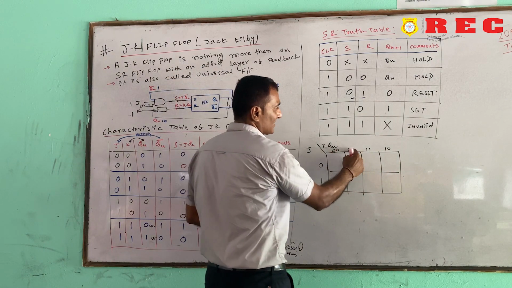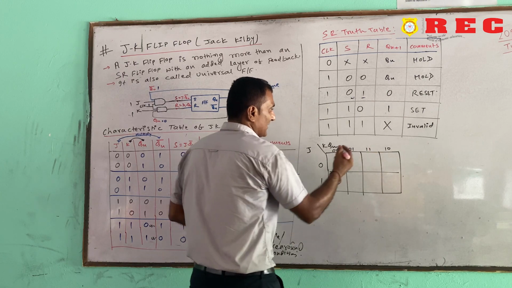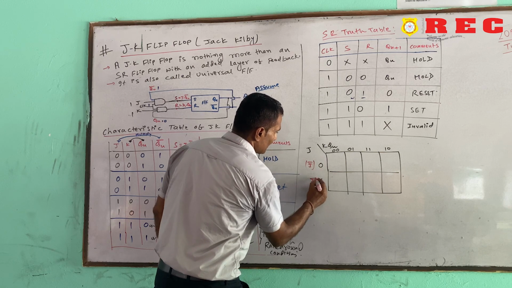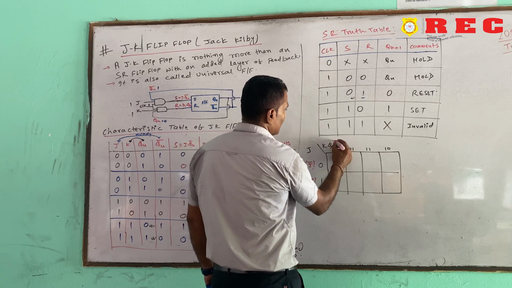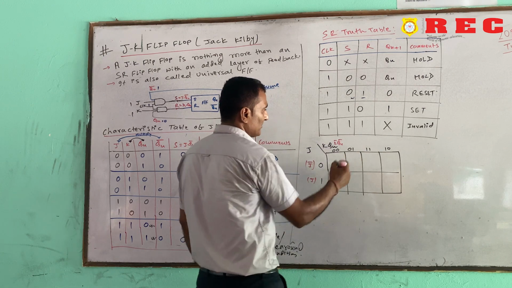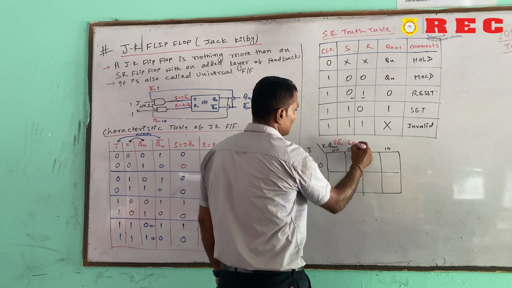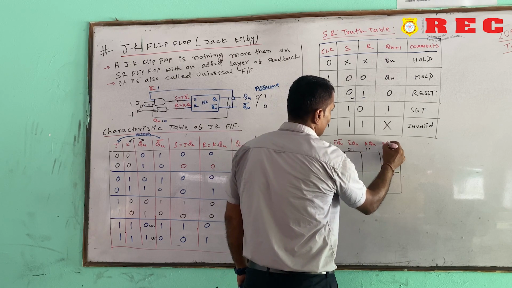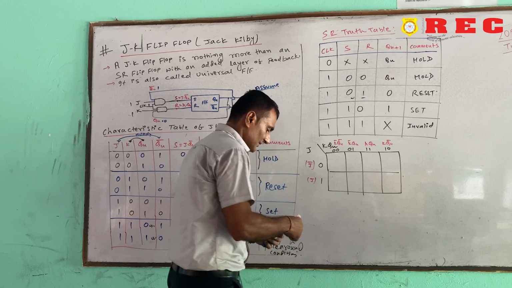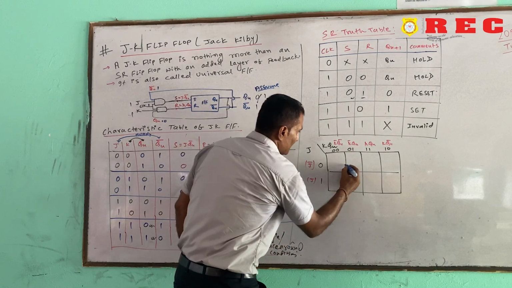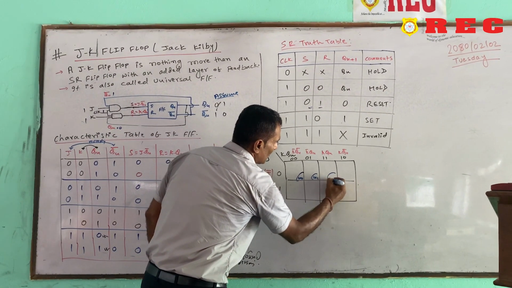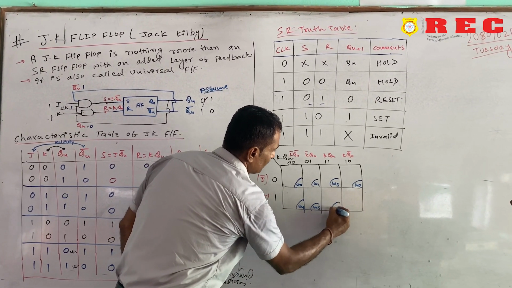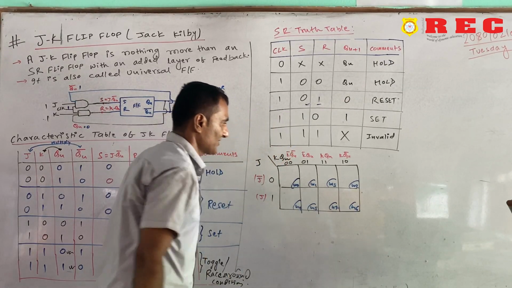Do not be confused about why it is 01 and not 10, because we are using the Gray code. The 0 value of J means J complement and 1 means J, and the 00 means K complement and Qn complement, then K complement Qn, K Qn, K Qn complement, and the names of the cells are M0, M1, M3, M2, M4, M5, M7 and M6.